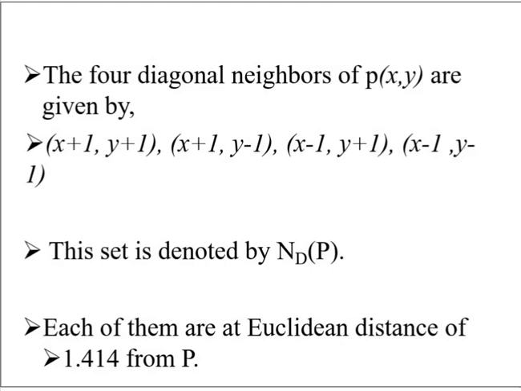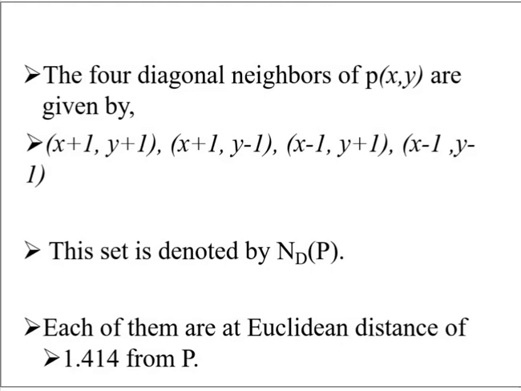This is the representation of ND, N4 and N8 neighbors. N4 means four neighbors, ND means diagonal neighbors, and N8 means eight neighbors, that is N4 union ND.